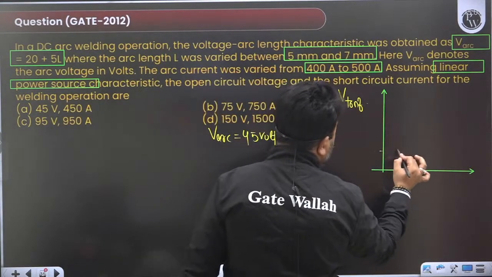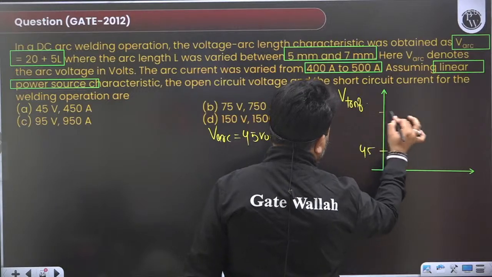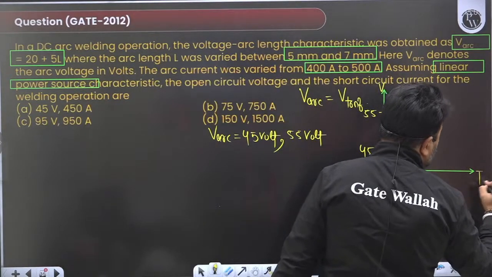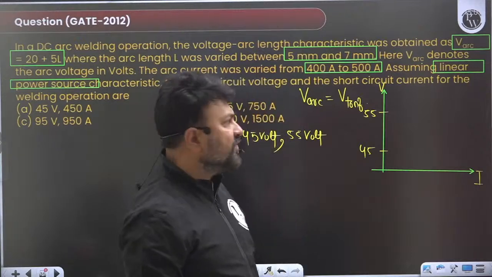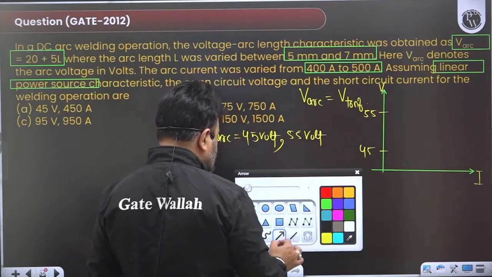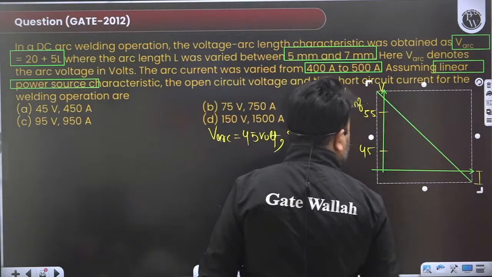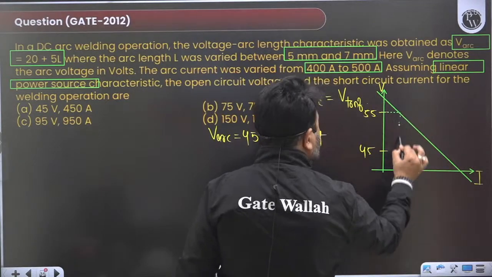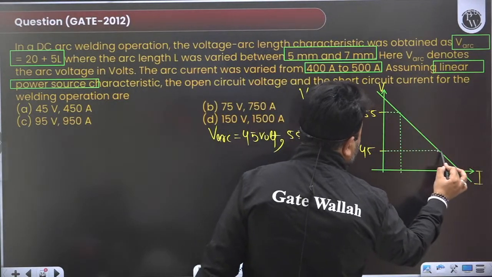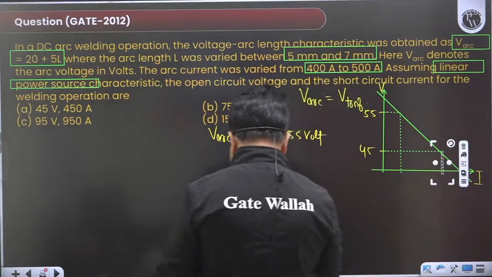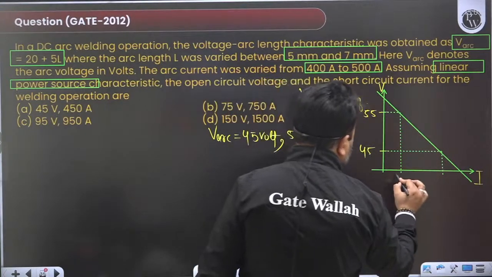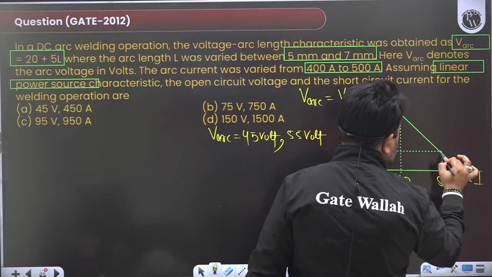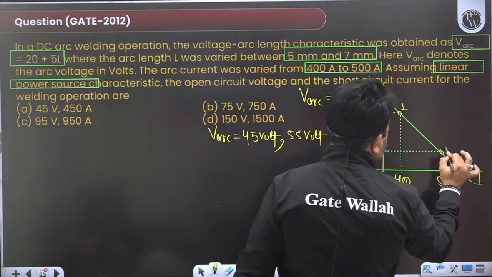So here 45 volt and 55 volt, we are plotting on a power source because V of arc equals V of transformer. The line is linear. It means at 55 volt the current is less, at 45 volt the current is high. So less current is 400 and larger current is 500.